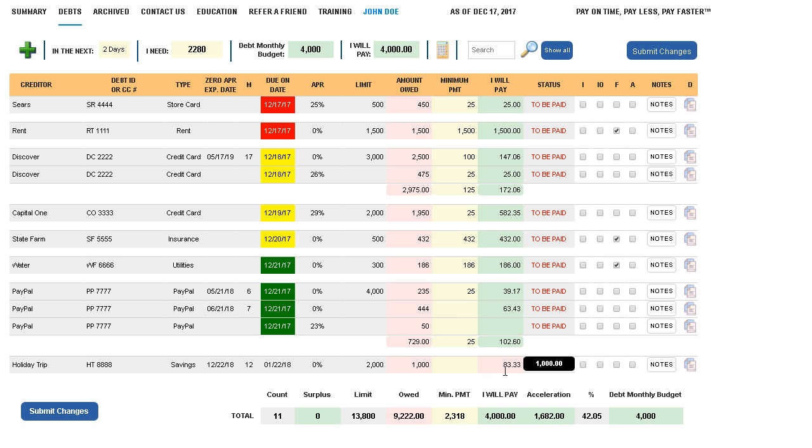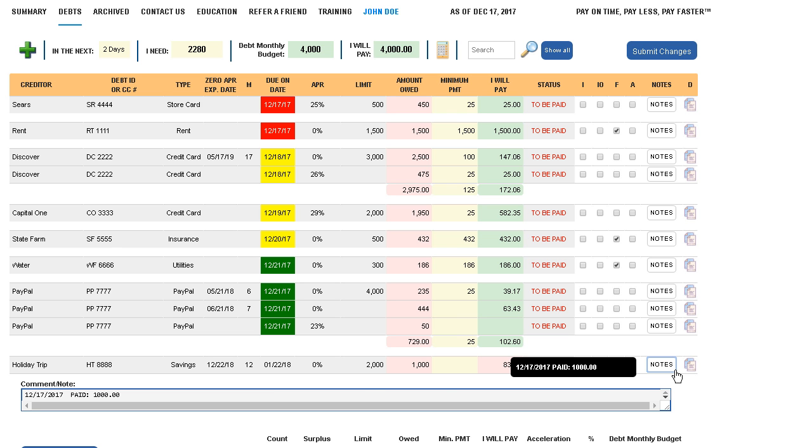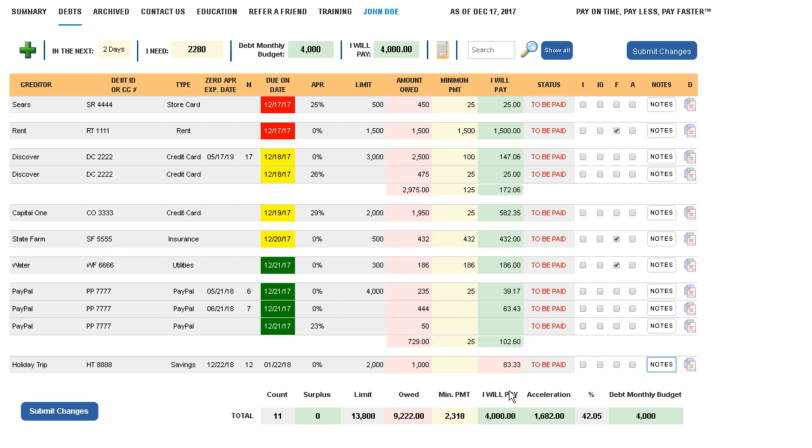I just paid 1,000, and I have it in my log too here in the notes, which also behaves like a log. Okay, and so I have that. Also, it is red to indicate that actually this one was paid.